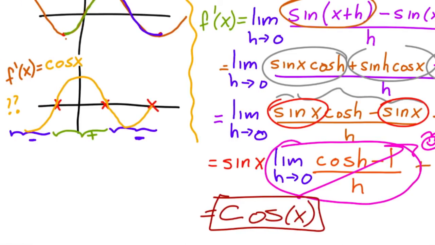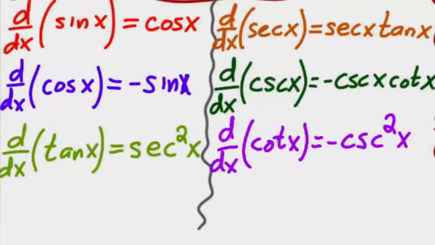So let's just write them all down. And so these are the derivatives of the six trig functions. And although it looks like a lot to memorize, in reality it's not too bad, because if you look at sine and cosine, they're just opposites of each other, except one. Derivative of sine is positive cosine, derivative of cosine is negative sine.